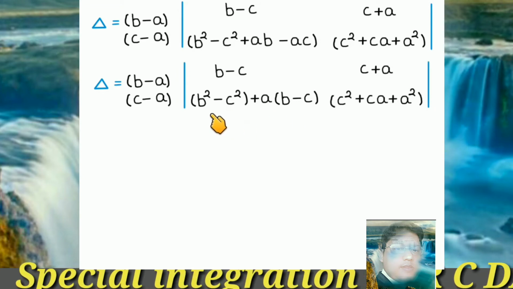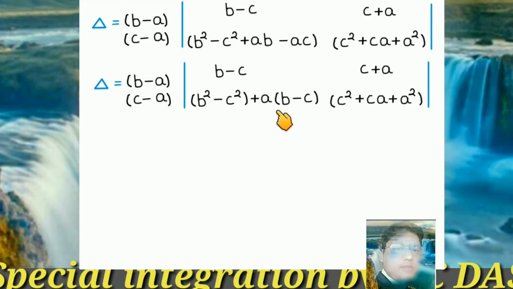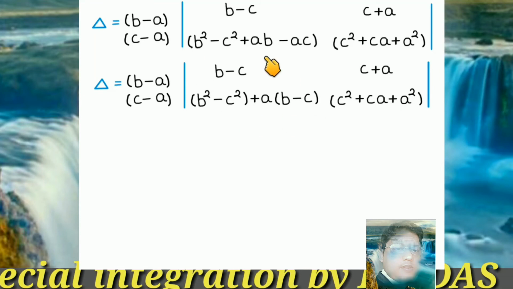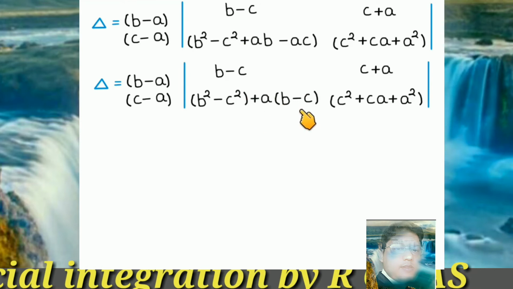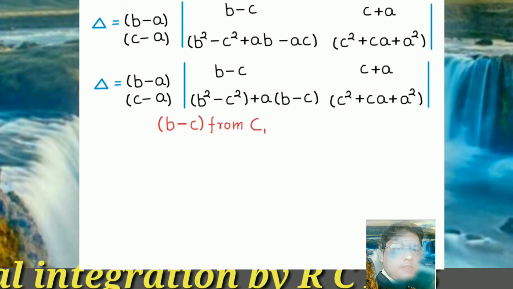Now b minus c you have to take common from this side. If I take the common b minus c, then my dear students, the question becomes b minus c and the remaining portions you have to write as it is.